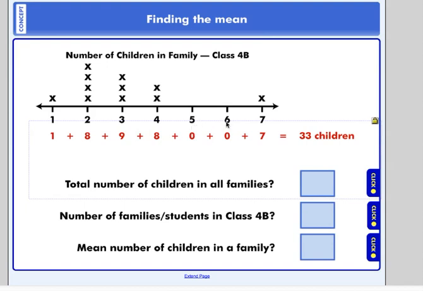Nobody said they had 5 or 6 children. One child said that they had 7 kids in their family, so 7. If we add up all of these numbers, we get a total of 33 children.